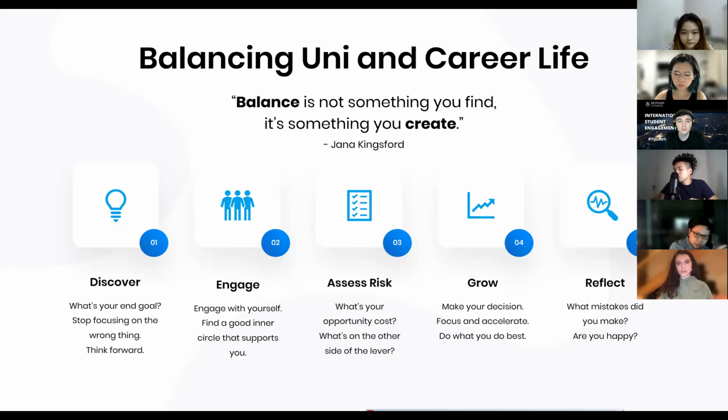And then at the last point, you reflect: what mistakes did I make? Am I happy with this lifestyle? Am I happy with these choices that I make? Am I happy taking all of this risk so I can move forward with my career? Or the other way around, am I willing to take the risk of not finding work experience and excel in my uni?